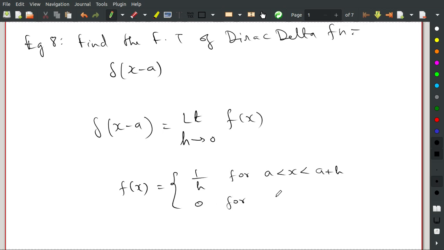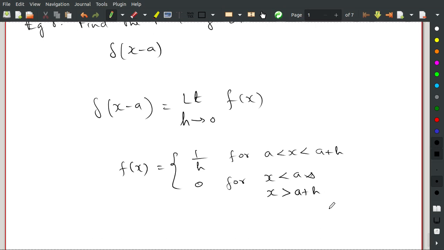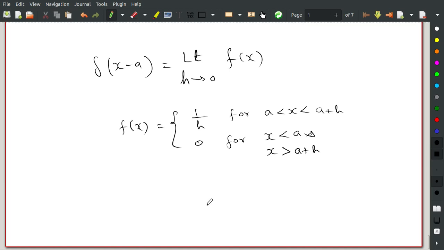Okay, 0 for x less than a, and 0 for x greater than a plus h. So we have to find the Fourier transform for this one.